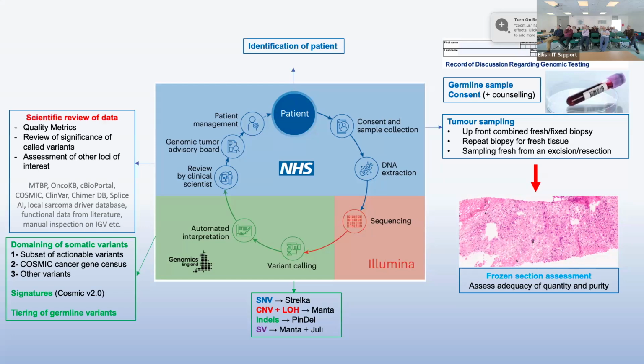It's quite an intensive process to curate which ones we think are real, because in a genome you get a huge amount of data. But when we've decided what's real and what the implications are, we present this at our genomic tumor advisory board and sometimes an MDT as well.